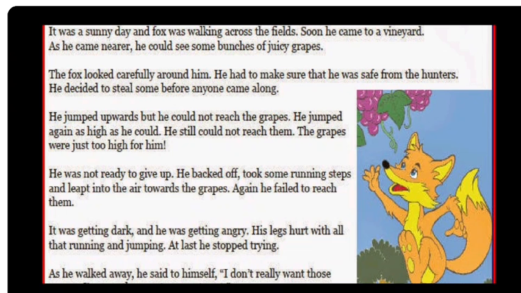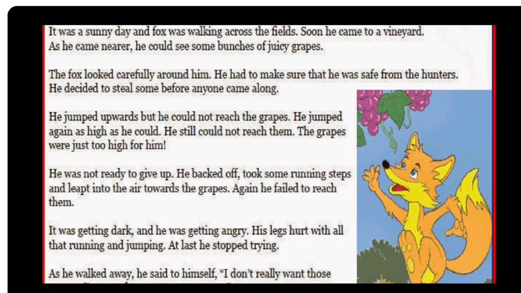Then the next line, his legs hurt with all that running and jumping. The poor fox became very tired and his legs got hurt as he repeatedly and ceaselessly jumped to reach the bunches of ripe grapes. At last he stopped trying. At last he understood that there was no hope of getting the grapes.